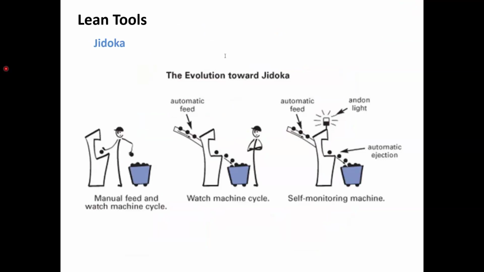So Jidoka, as I told you, is a high-cost automation, mainly used for scaling up.